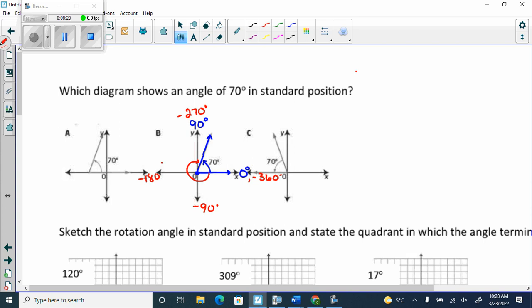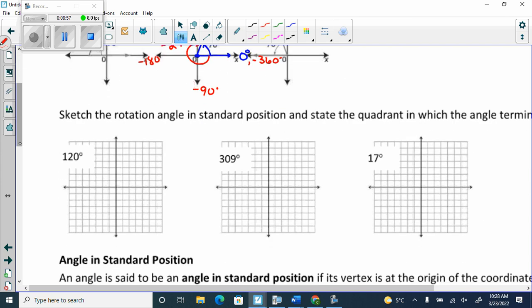So it would be negative 290. So there are two angles there. Do you see that? There are two angles that would end on that same arm. So if you don't draw the arrow from the initial to the final counterclockwise, then I don't know if you're drawing 70 or negative 290, or all the varying levels of it, because I can keep rotating a whole bunch of times to get different angles. So do you see how important that arrow is? It's very important. Okay.